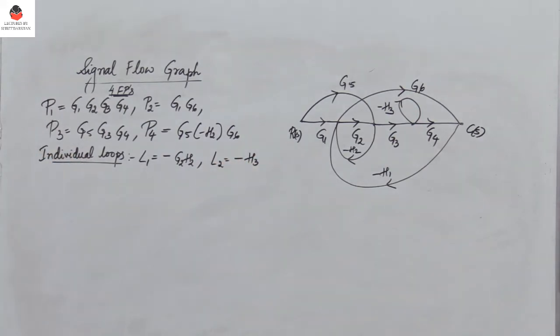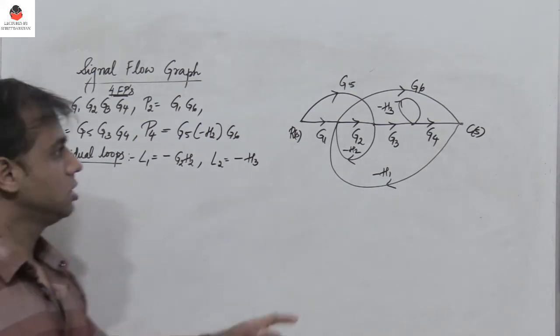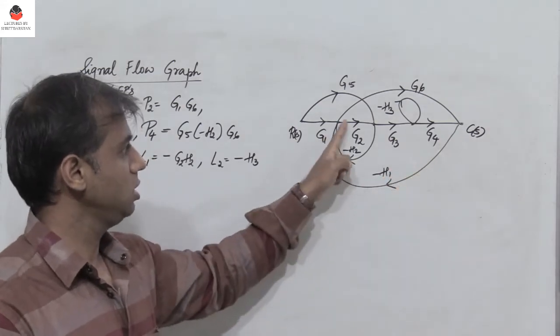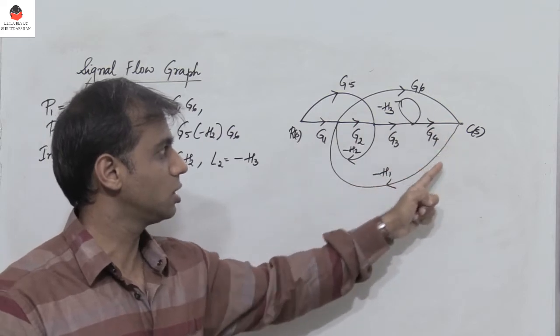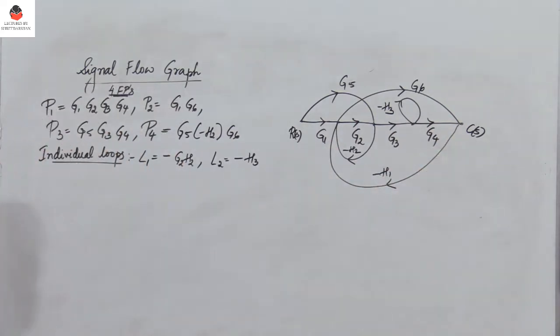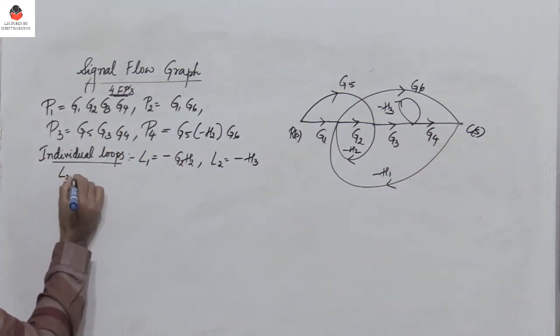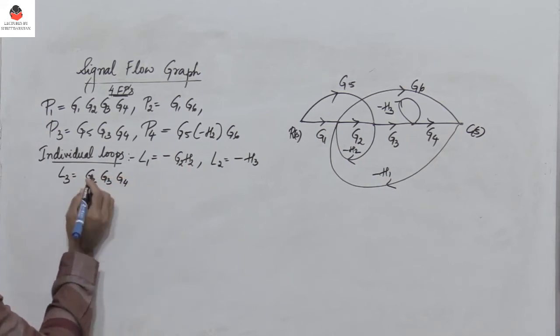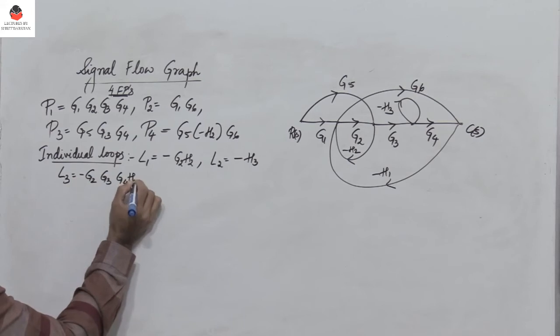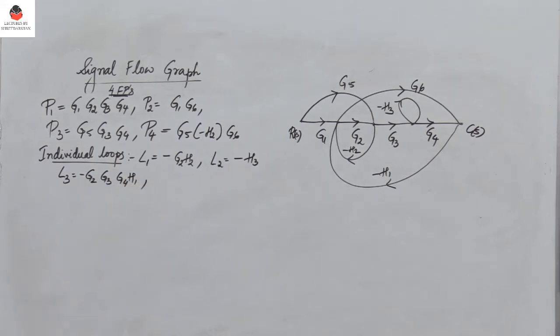Now can you identify the other loops? You have G2, G3, G4 and H1. This forms another loop. Let me call that L3, G2 into G3 into G4 into minus H1.